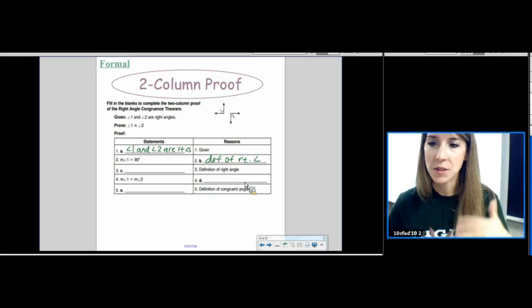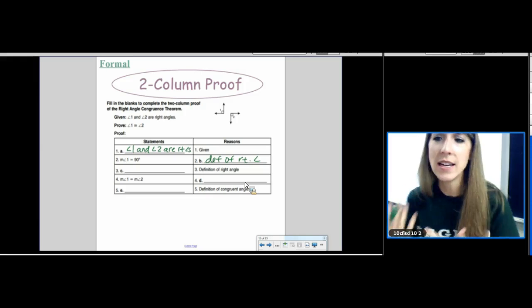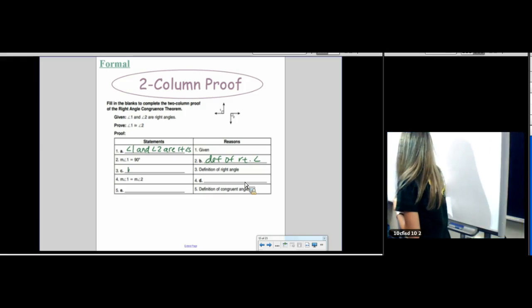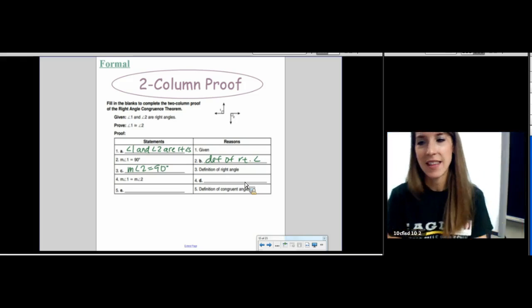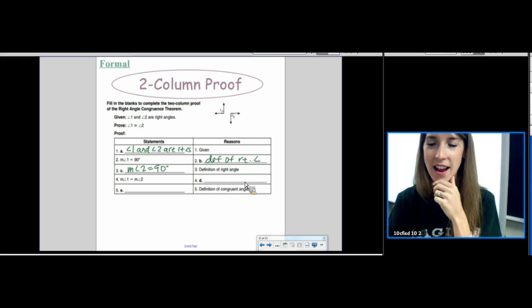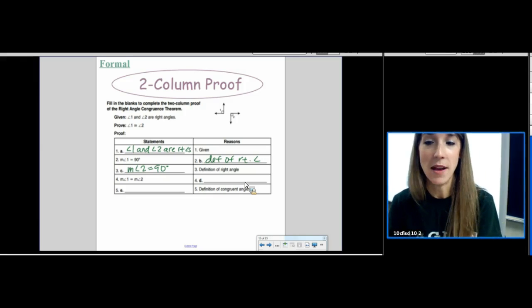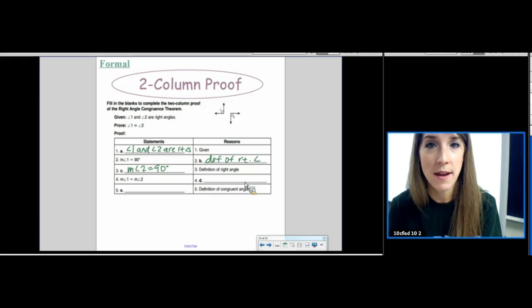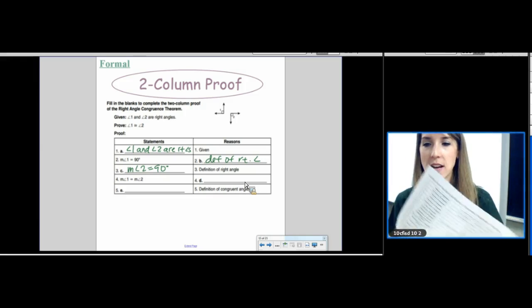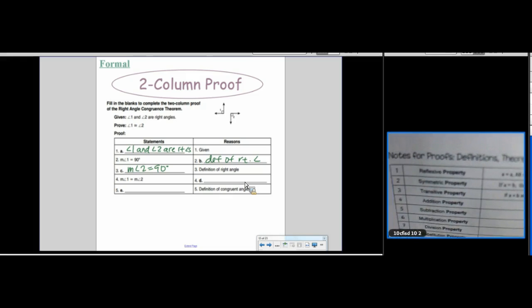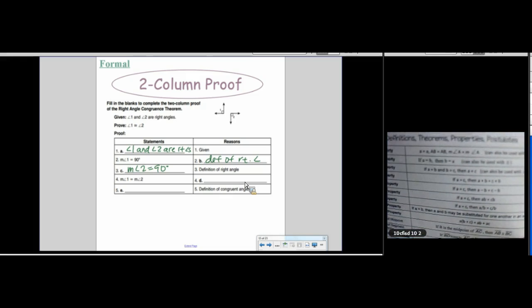What would I say next? Well, I said angle 1 was 90. Now I need to say that the measure of angle 2 equals 90. And they already wrote for us definition of right angle. Okay, here's the important part. Now, I'm going to say that the measure of angle 1 equals the measure of angle 2, because they both equal 90. Do you know which property that is? Oh, the list is on the calendar, Nathan.